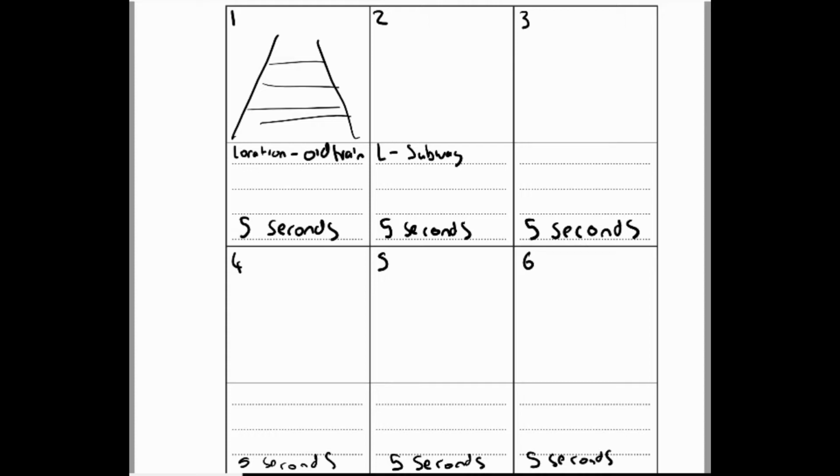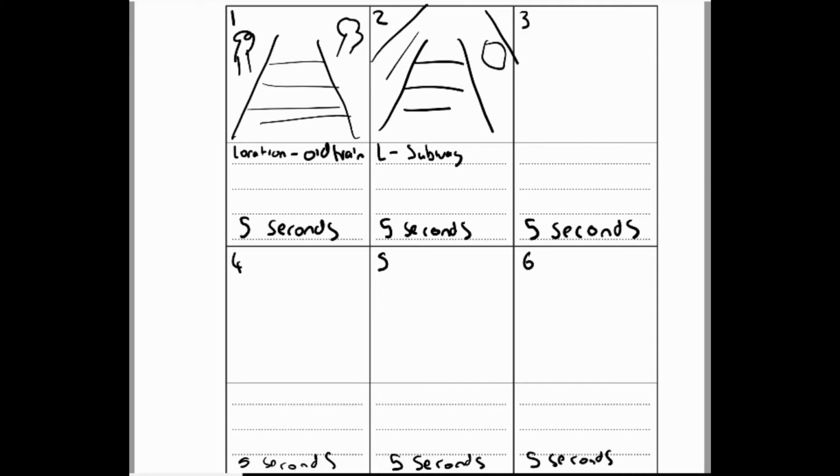This is going to be the subway. I'm just going to draw some walls so you know it's inside. I'll draw a little tree there, so you know it's outside. And then maybe a poster on the wall, some bricks or whatever. Doesn't really matter.